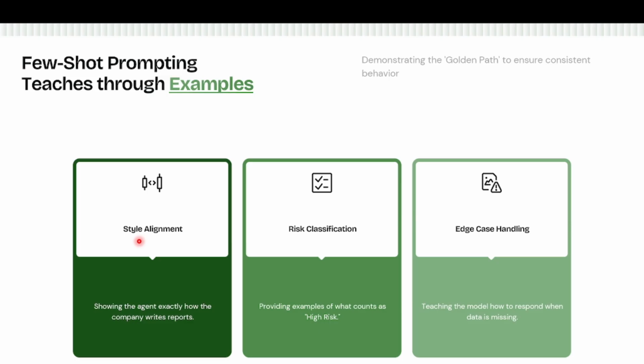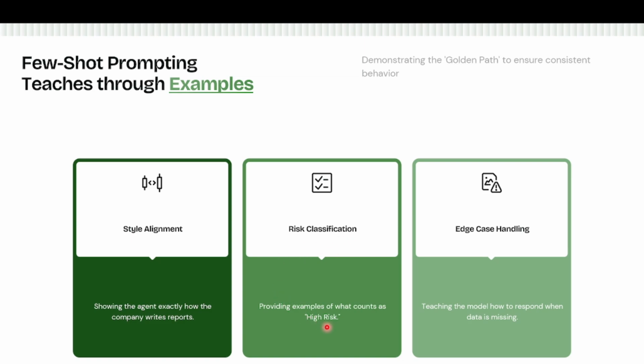Okay, so the report format will now serve as an example together with the prompt that you are giving the agent. So showing the agent exactly how the company writes reports, the format of generating documents, or the format of generating an Excel file, PDF file, document file, PowerPoint, PPT, or graph, color, company custom writing. That's style alignment.